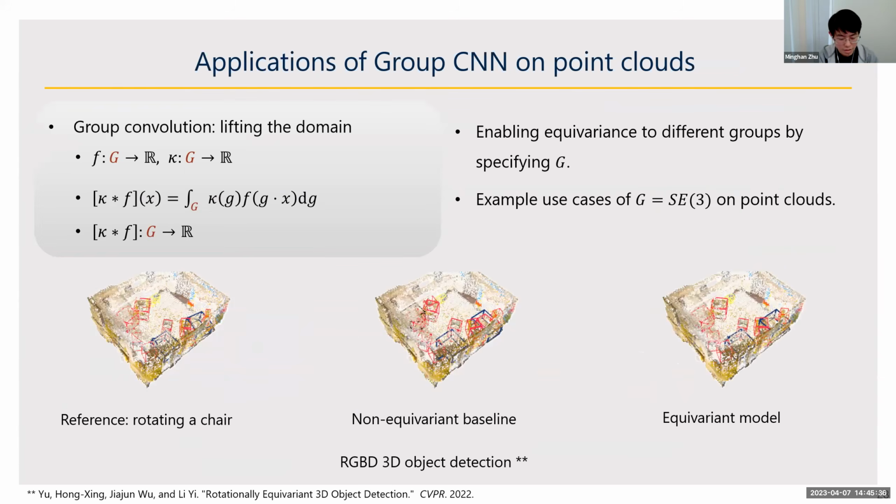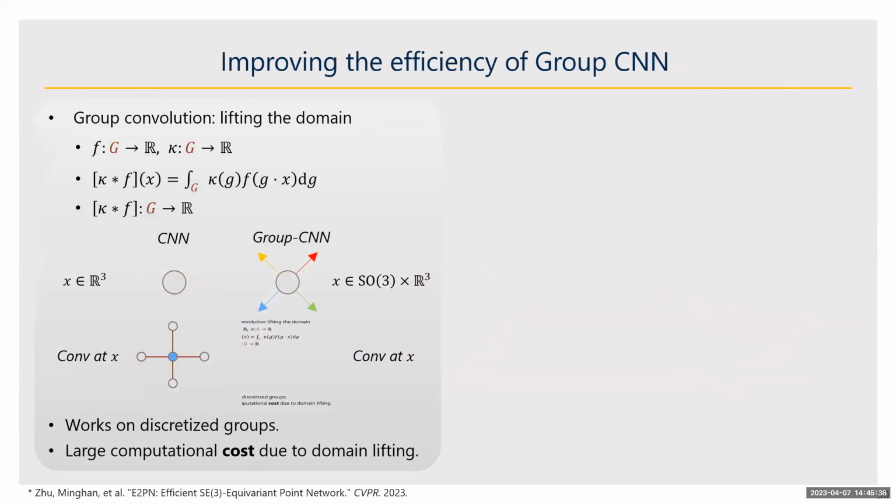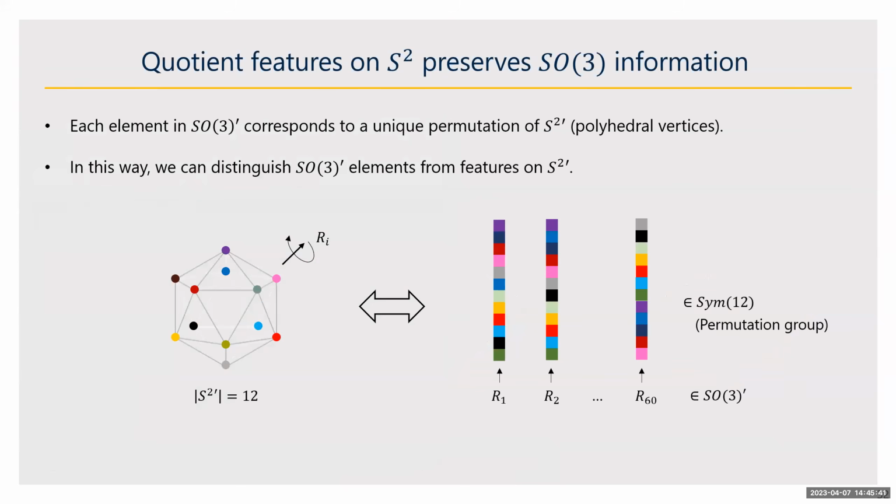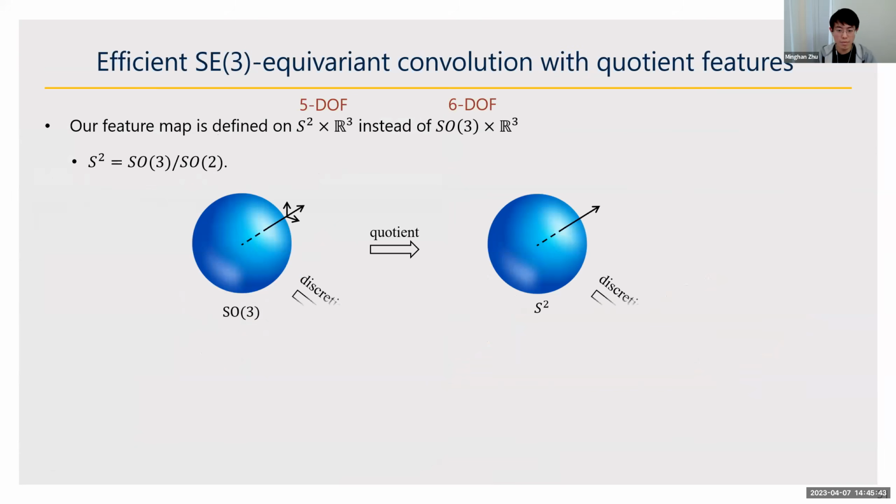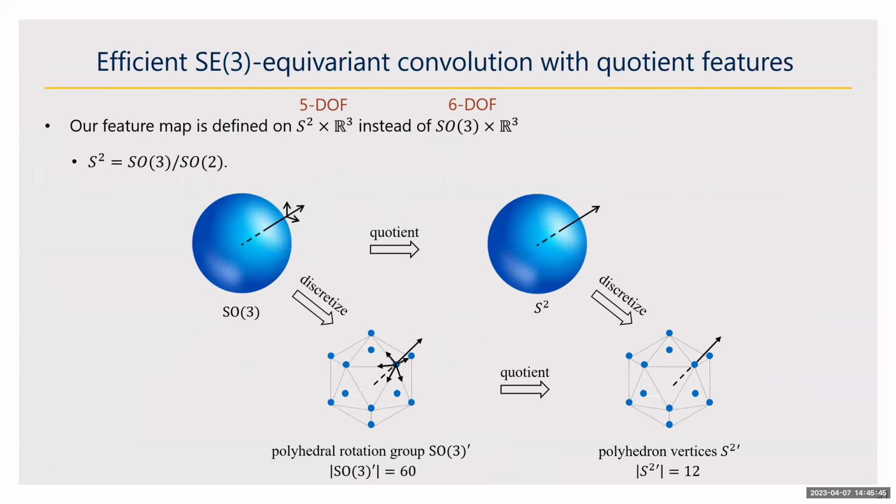Could you repeat your question? So we have 12 features in here. But for one feature, do we need to discretize for the rotations that we did? Yeah, we did discretize the rotation to 60, which is all the rotational symmetries of this polyhedron.